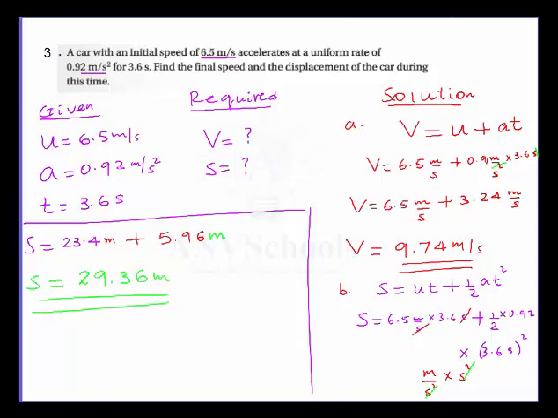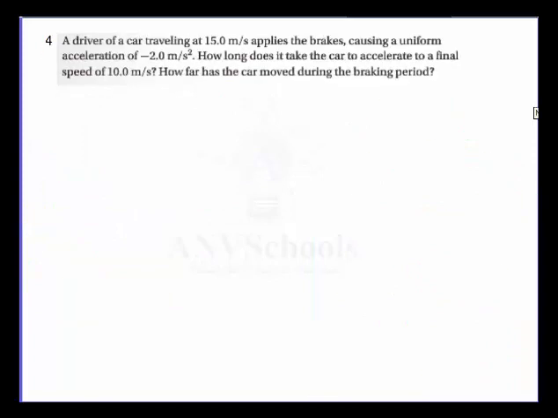Now let's move on to the fourth example. Example number 4. A driver of a car traveling at 15 meters per second applies the brake, causing a uniform deceleration, slowing down. Let's list down the given quantities.